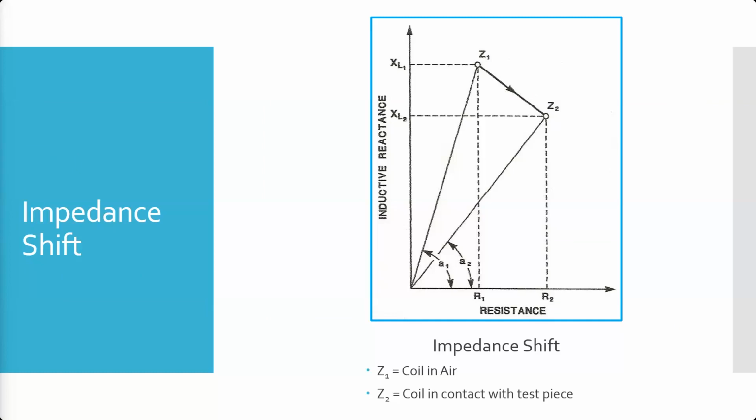And the magnitude of that impedance shift gives us some idea of the relative size of the change. Now, the only way we can know that, though, is we have to have a standard to compare it against. So we use a standard, for instance, for cracks that have known crack sizes in it, that have been made in a machine shop.